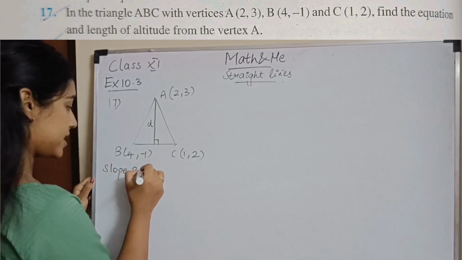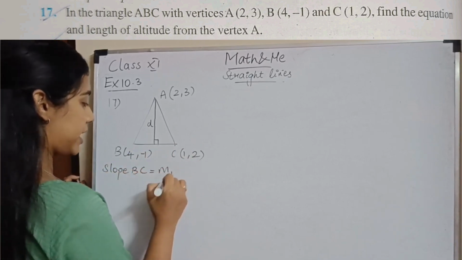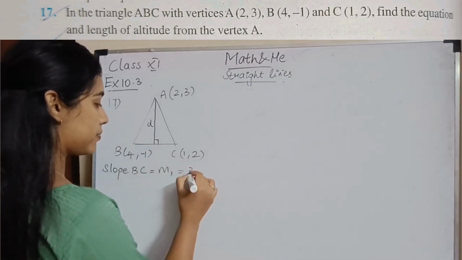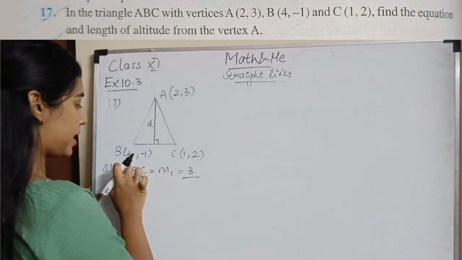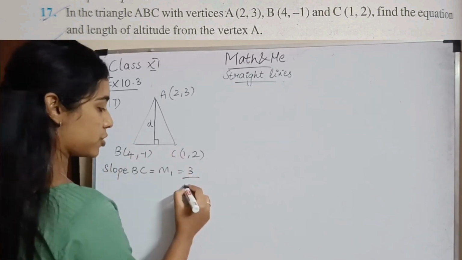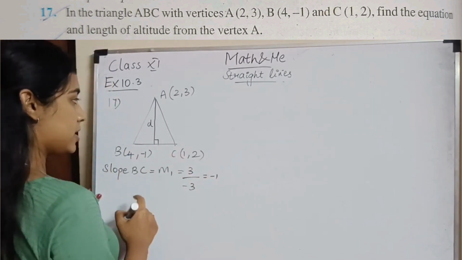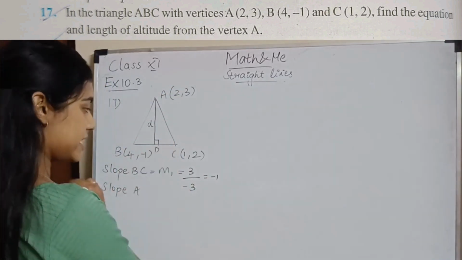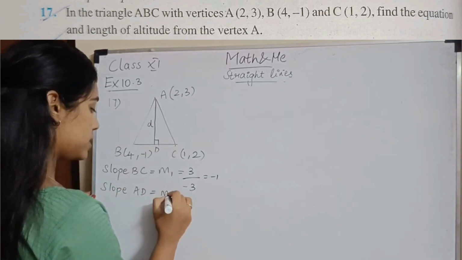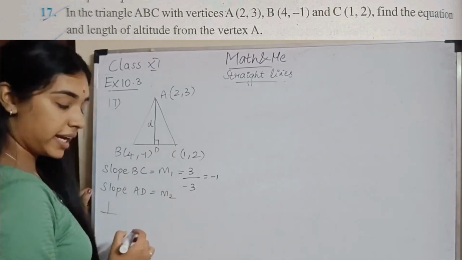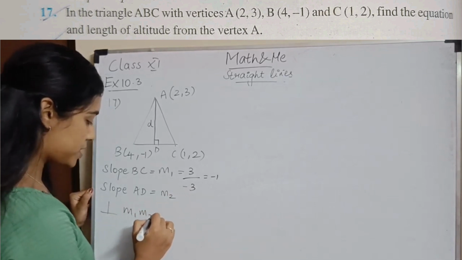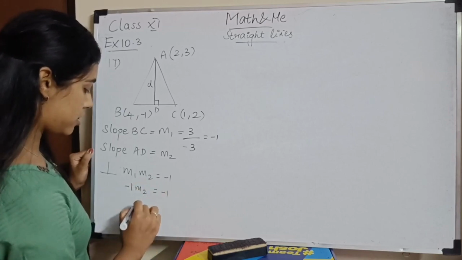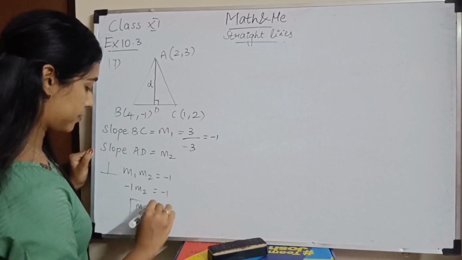Slope BC, let me call it M1, equals y2 minus y1. So 2 plus 1 divided by x2 minus x1, 1 minus 4 which is minus 3. So now slope A, let me call this D. Slope AD equals M2. So we know for perpendicular lines the product of the slopes is minus 1. So minus 1 times M2 equals minus 1. M2 equals 1.